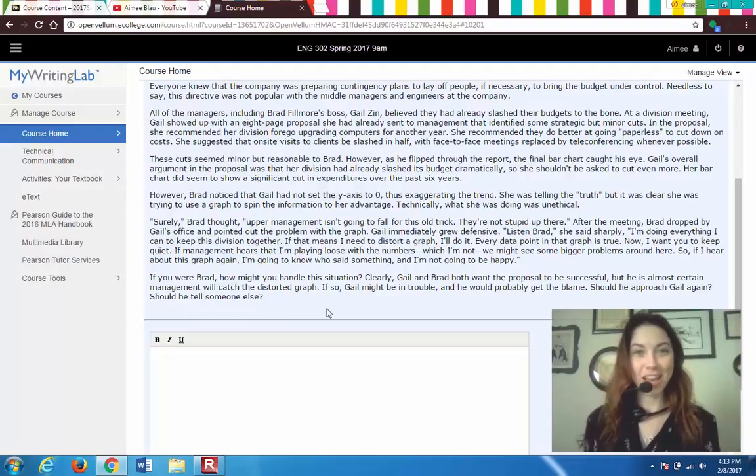So it's tough because you've got people who want the proposal to be successful. Upper management is not going to be okay with the use of distorted graphics and maybe even telling lies, but the immediate supervisor or the person that Brad is working with isn't going to budge and doesn't want to change it.